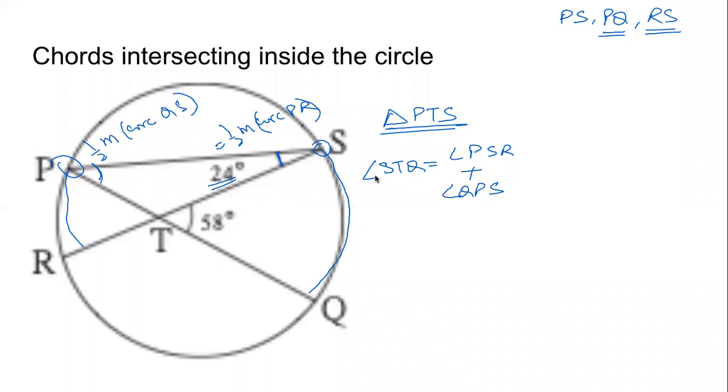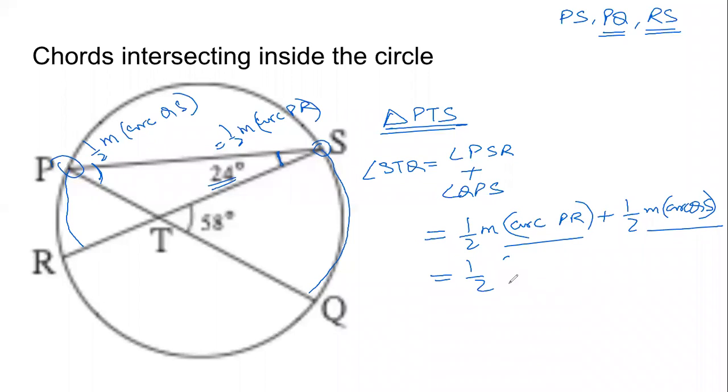So if that is the case, we can say that our angle STQ, which is the sum of angles PSR and QPS, PSR is half of measure arc PR, and QPS is half of measure arc QS. Half of two things, so half of this plus this, measure arc PR plus measure arc QS.